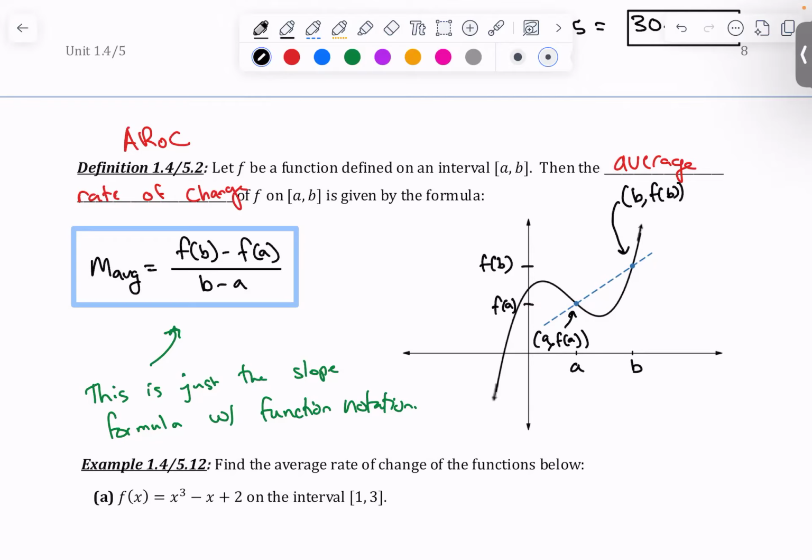I mean, they're very, very contrived examples, but maybe if you want to know the average concentration or dissipation of a drug in a bloodstream, like ibuprofen, there's probably a function, and you can figure out the average rate of change of the milligrams of ibuprofen in the blood over a certain amount of time. Or you can use this to figure out your average speed on a road trip and things like that.